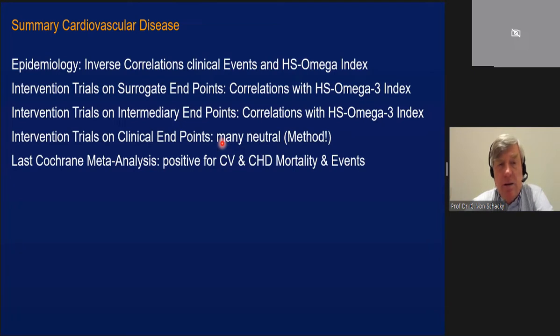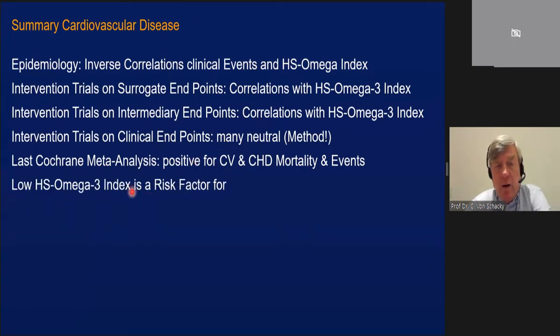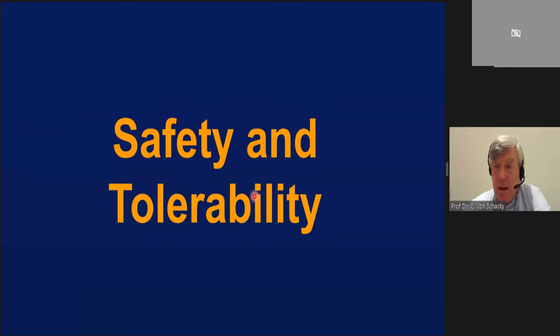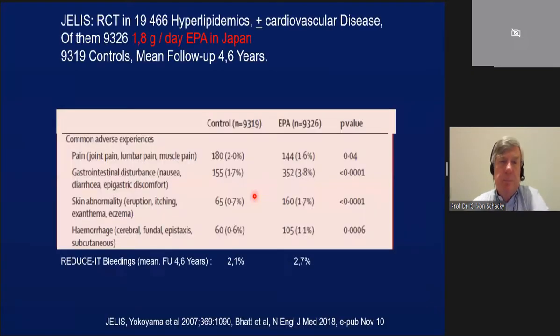Nevertheless, the last Cochrane meta-analysis was positive for cardiovascular and coronary heart disease mortality. I conclude that a low omega-3 index is a risk factor for total mortality, myocardial infarctions, stroke, and other cardiovascular events. Now let me finish with considering safety and tolerability of omega-3 fatty acids.